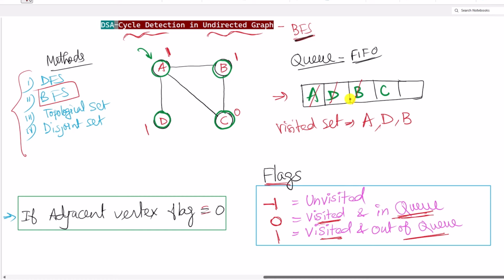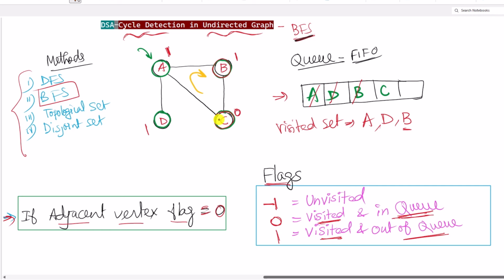Because we have removed B from our queue, now we're gonna explore the neighbors of B. B has the neighbor A, which is already visited. Now B has the neighbor C, which has the flag 0. Because the adjacent vertex flag is 0, according to this condition, we have found a cycle in our undirected graph.